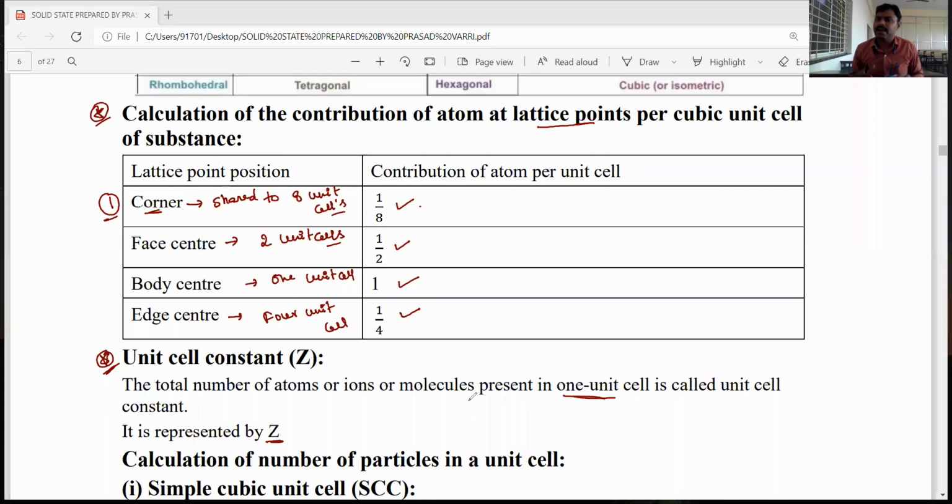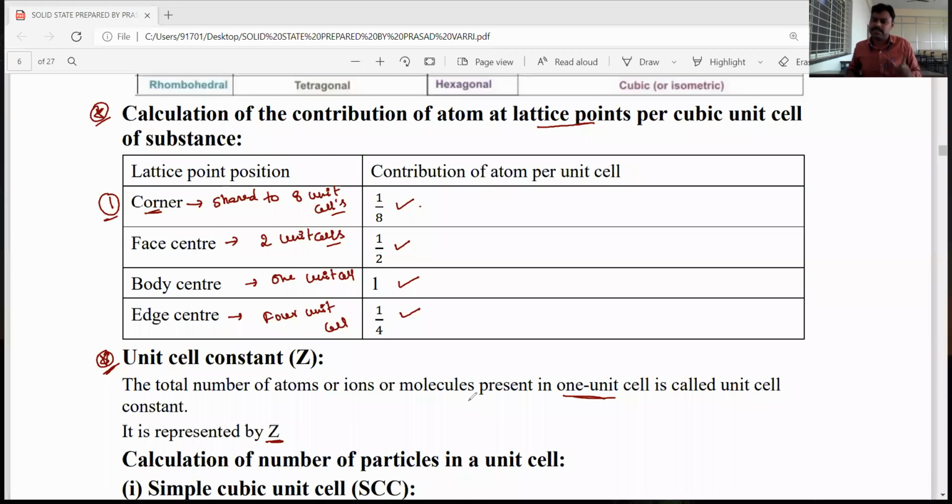Then we calculate the Z value by using the above data, the contribution of an atom at lattice points per cubic unit cell. If atoms are present at the corners, body centers, face centers or edge centers, how much part belongs to one unit cell, I already gave the data. Corners 1/8, face center 1/2, body center 1, edge centers 1/4.